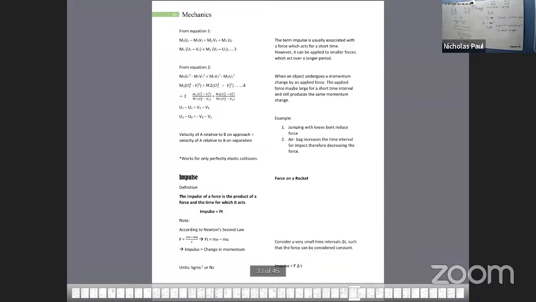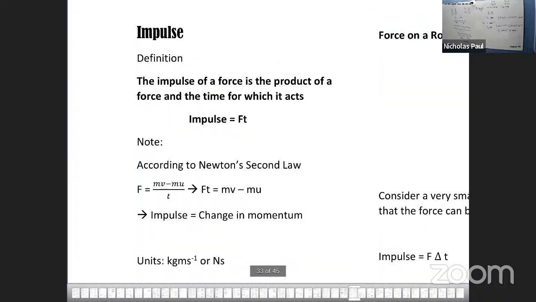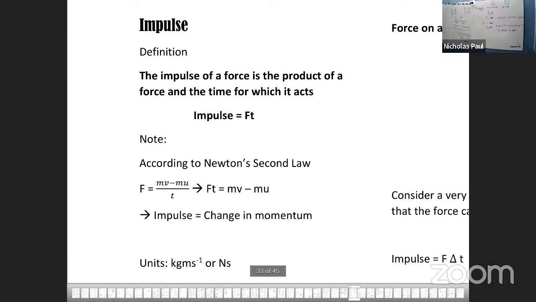Alright, so let's move on to this last new quantity called impulse, right? So look at this now. The impulse of a force is the product of the force and time.